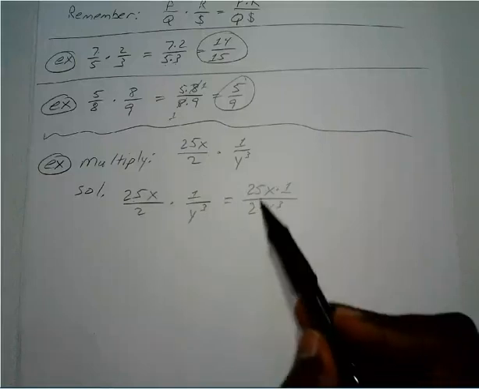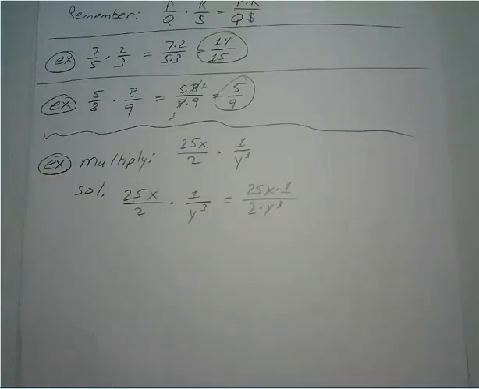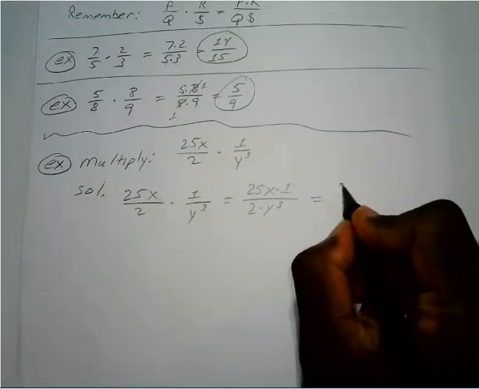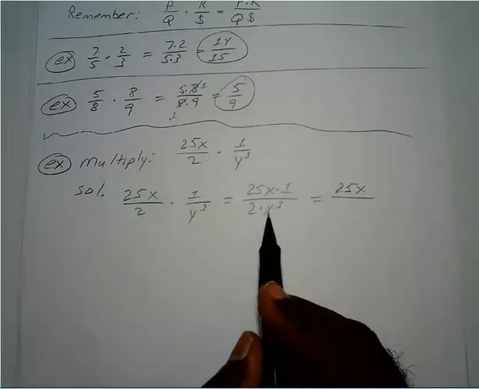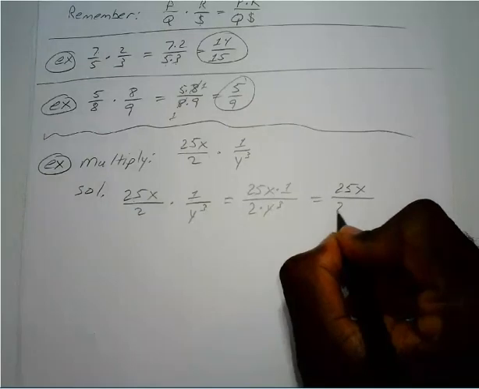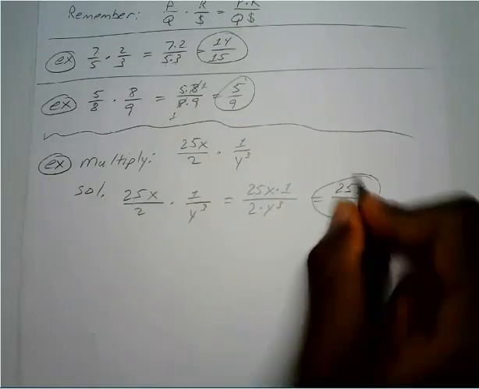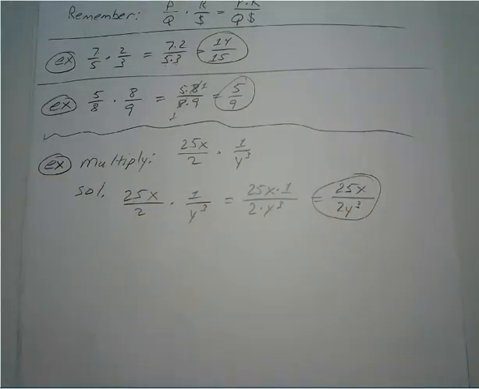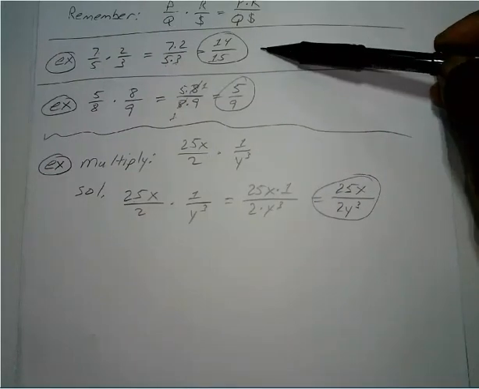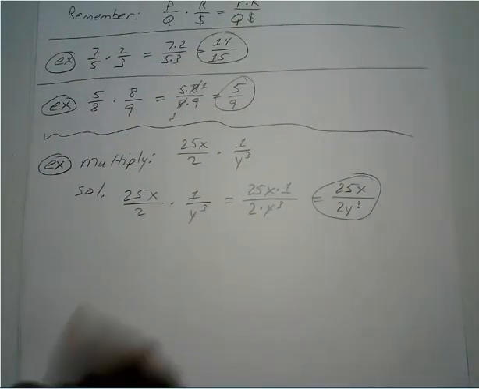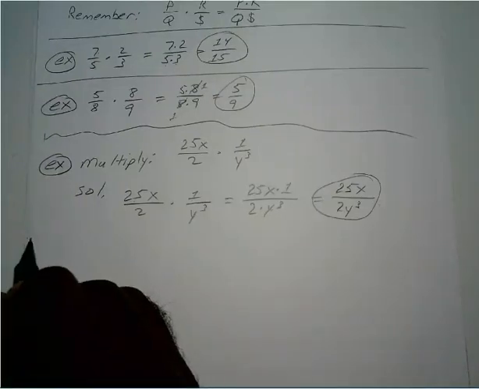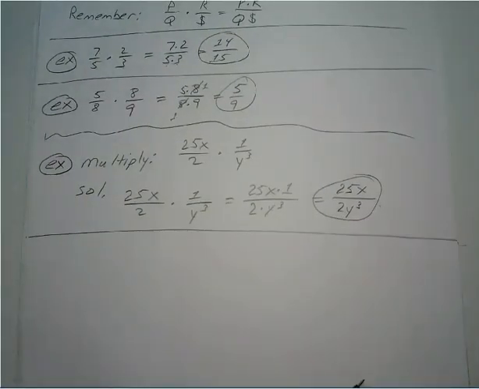Okay, so you can see here nothing cancels out in the numerator and denominator. So that just becomes 25x times 1 over 2 times y to the third, which is just 2y to the third power. Okay, so just like this example here, nothing canceled out in either one. Okay, so what would it look like if we did have factors that canceled out?